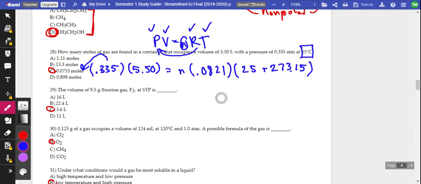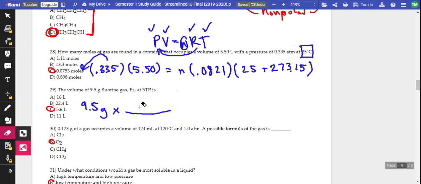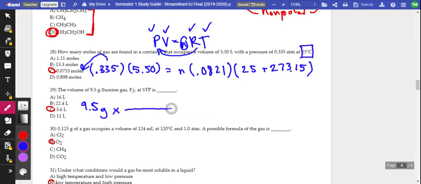So let's take our 9.5 grams and convert it into moles, which we'd have to do anyway, whether you use PivNert or this trick I'm going to show you. So this is grams of F2, fluorine gas, and we're changing this to moles of F2.